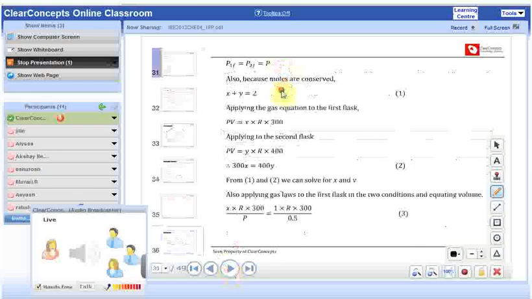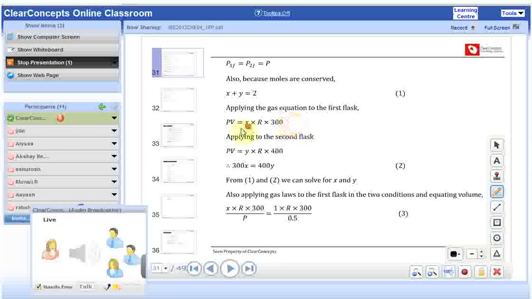The 1 mole in flask 1 and the 1 mole in flask 2 can rebalance between the two flasks, but the total number of moles has to remain the same, and therefore X plus Y equals 2.